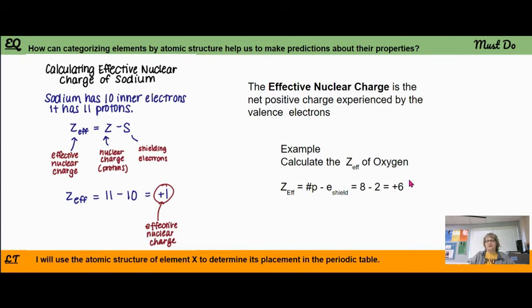That gives us a positive 6 for our effective nuclear charge. Now you should be able to look at the effects that the protons and the electrons have on each other, and bring that to placing elements in the periodic table.